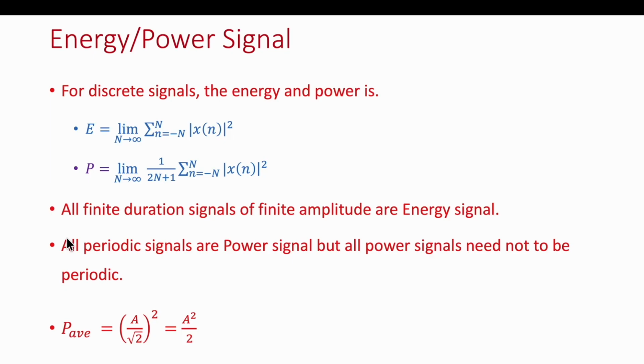Periodic signals means that the cycle of the signal repeats itself for every period, and such signals are known as power signals. But for a few signals, like random signals or the DC signal, they are not periodic, but you can easily calculate that they are power signals. So that is why all periodic signals are power signals, but all power signals need not be periodic.